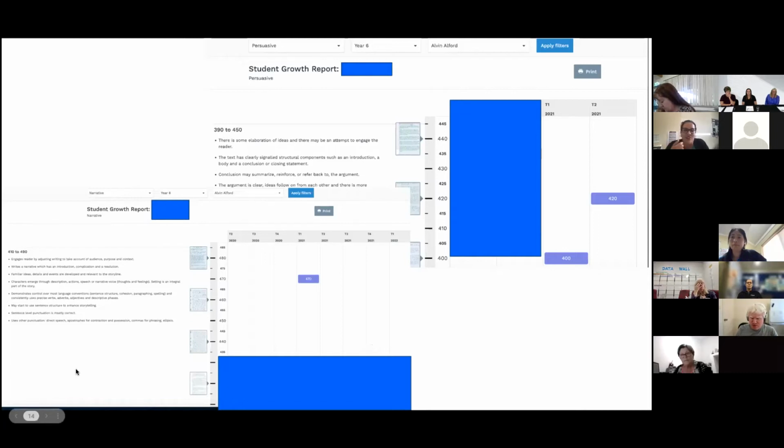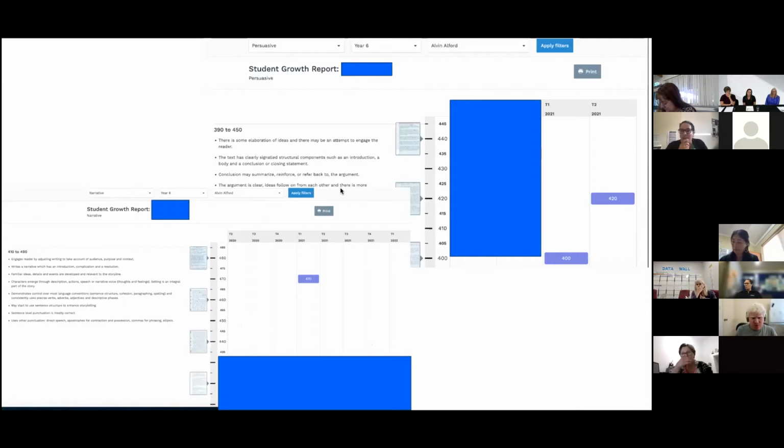So this shows that his narrative writing or descriptive writing is a strength compared to his persuasive writing, which at a year 5 level may not be significant. However, we felt that as they get older, that difference may become more significant.